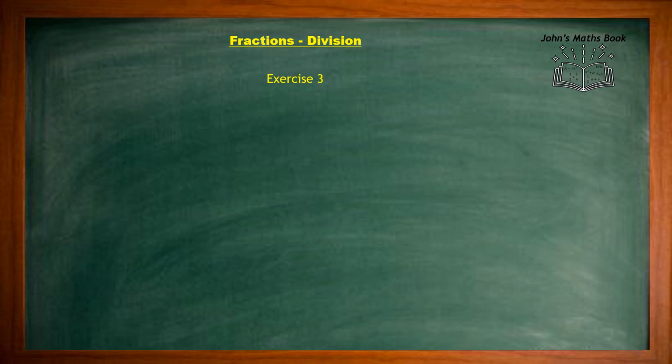For exercise 3, let's divide 2/9 by 1/7. Pause the video now and see if you can work out the correct solution. The first thing we need to do is find the reciprocal of the second fraction. In this case it's 7 divided by 1, and then we multiply that by the first fraction.